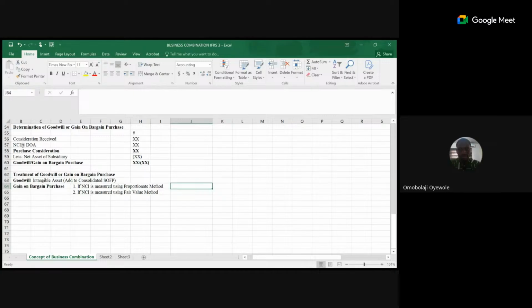I'm going to add to consolidated retained earnings. Please, all these principles are what we are going to be applying when we are solving questions.